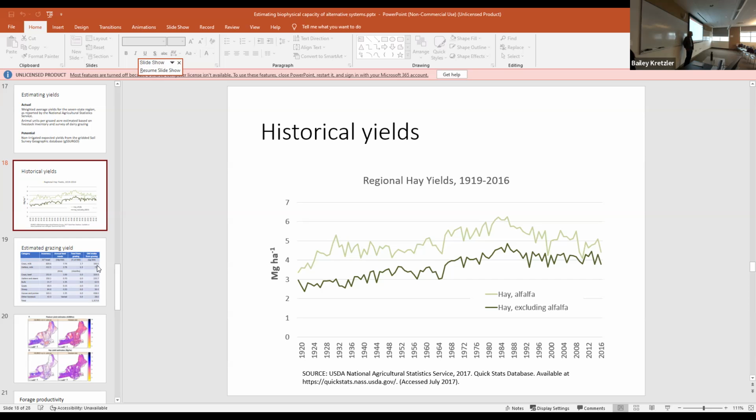And even alfalfa, maybe the most intensively bred forage, has almost none of those as a crop. Breeding alfalfa is still the dark ages. It's a tetrasomic polyploid self-incompatible perennial. You know, this is the student of a forage scientist.